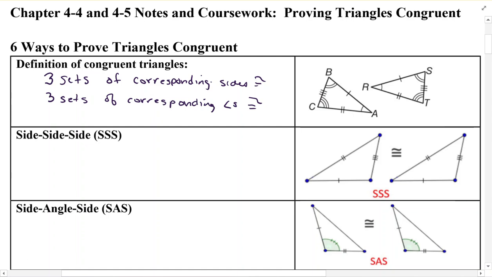The first shortcut is to show that three sides of one triangle are congruent to three sides of another triangle.